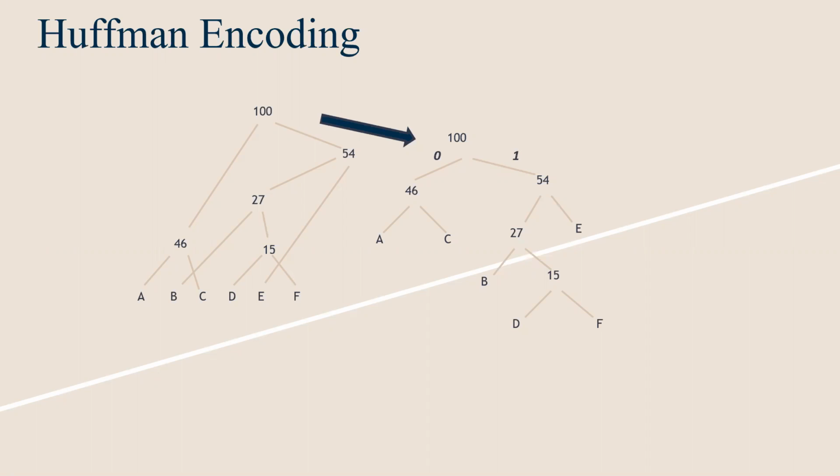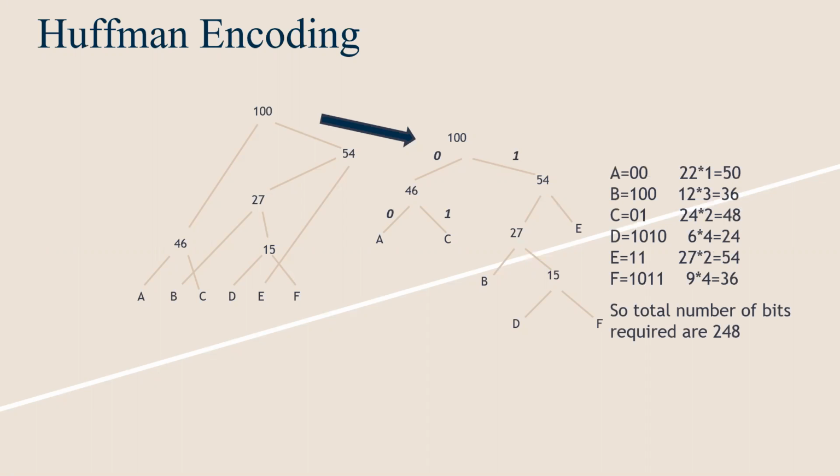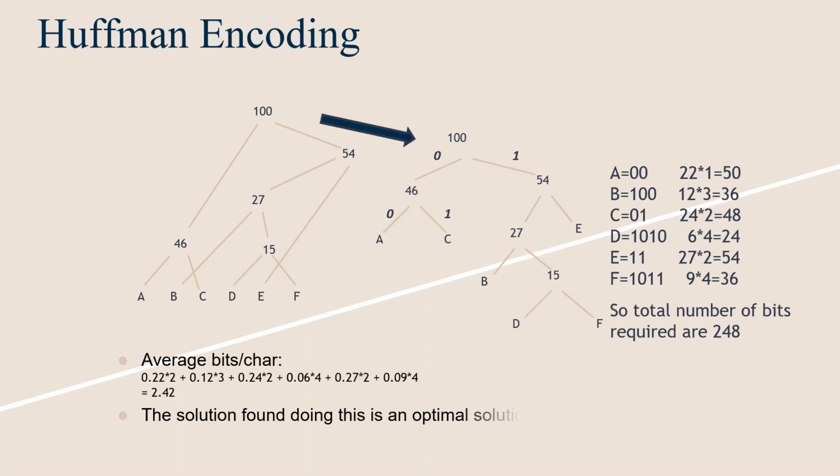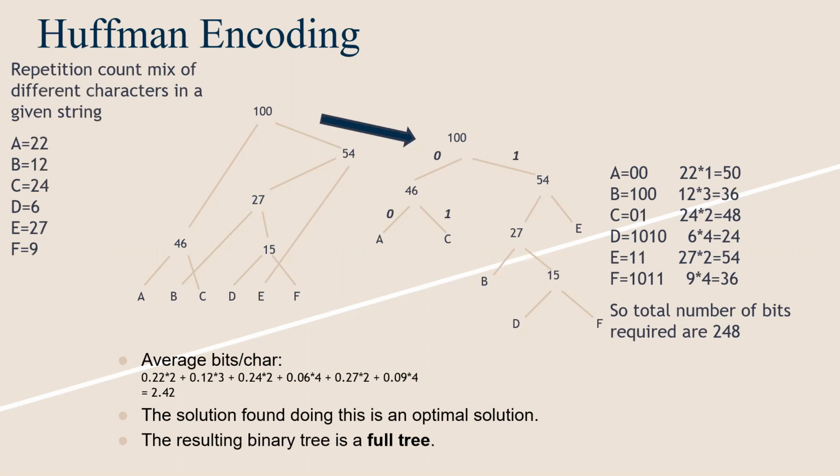So in each and every level of this Huffman tree, I am going to put 0 on the left side and 1 on the right side. Like this, 0, 1, 0, 1, everywhere I have written 0 on the left child and 1 on the right child side.